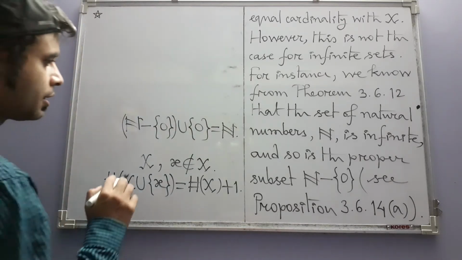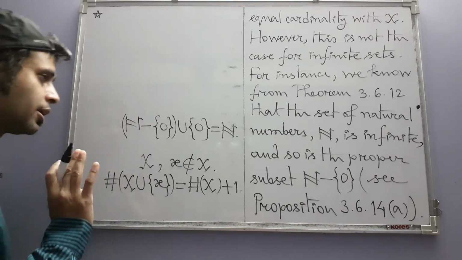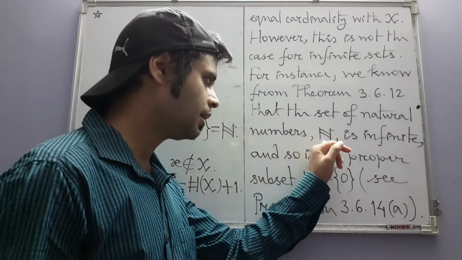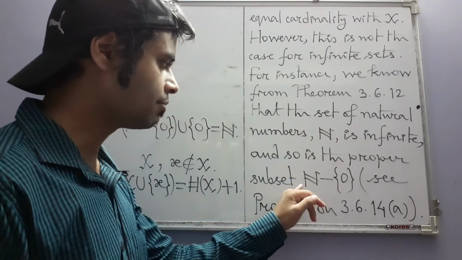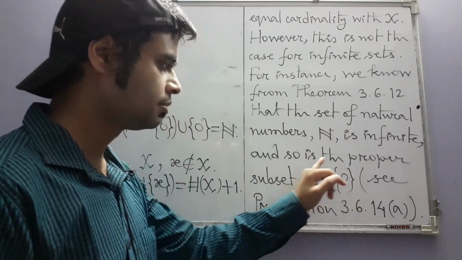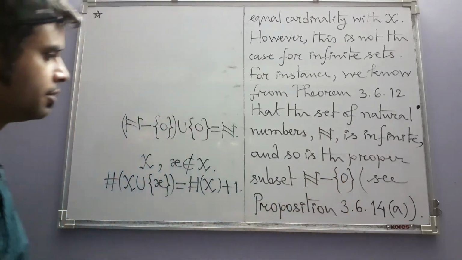Okay, so now what do we have? We have an infinite set N, and we have a proper subset of N which is also infinite.